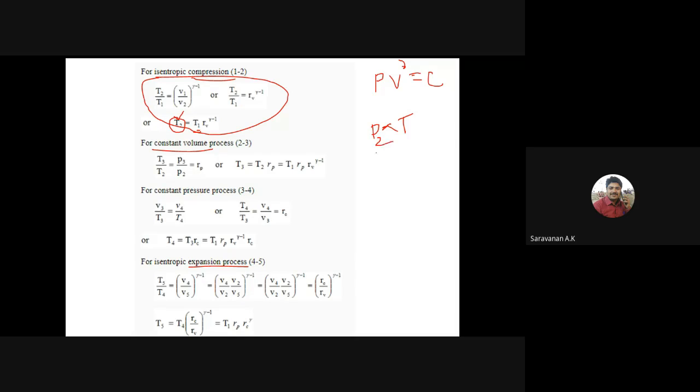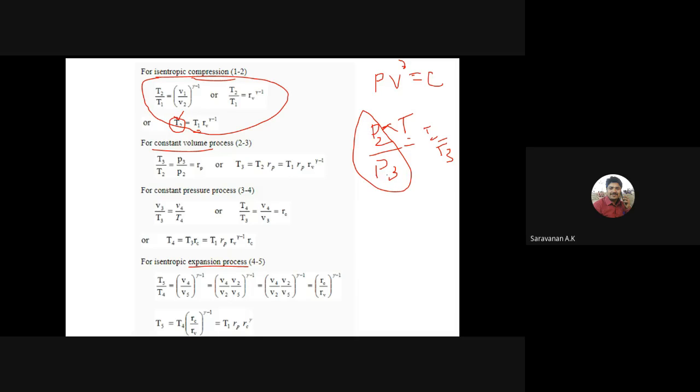So P2 by P3 is equal to T2 by T3. So T3 is in terms of T2 into the pressure ratio.